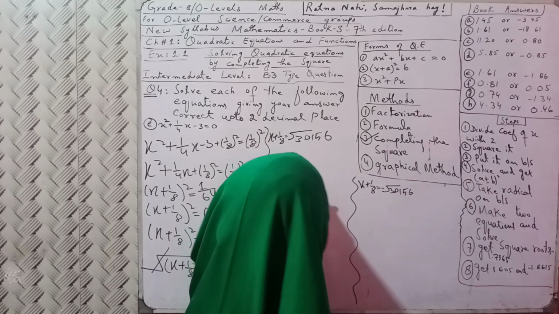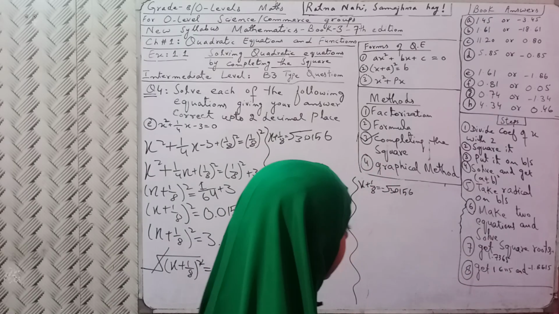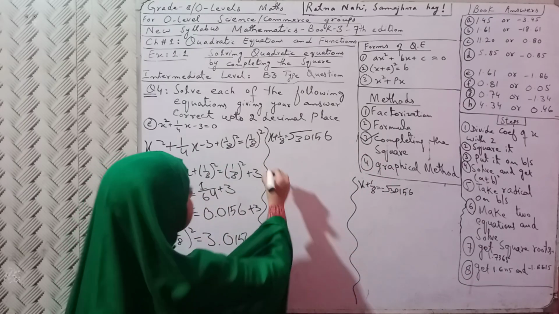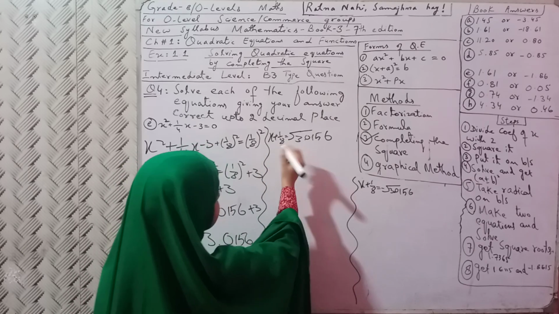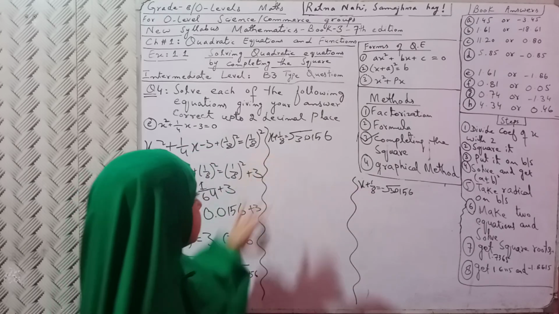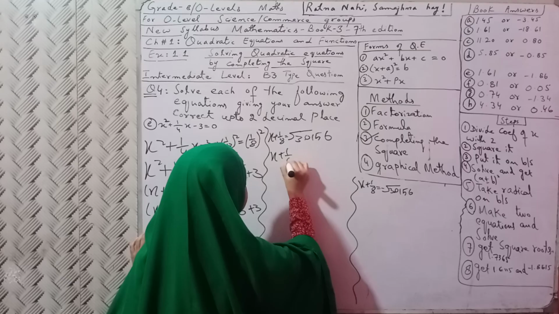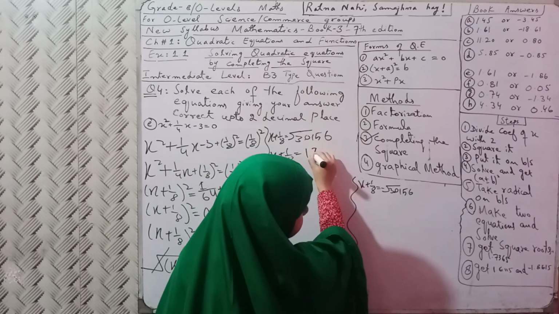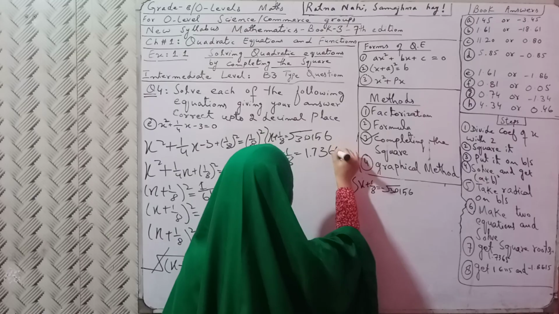Then solve. Get a square root 1.7365. So, x plus 1/8 is equal to 1.7365. Okay.